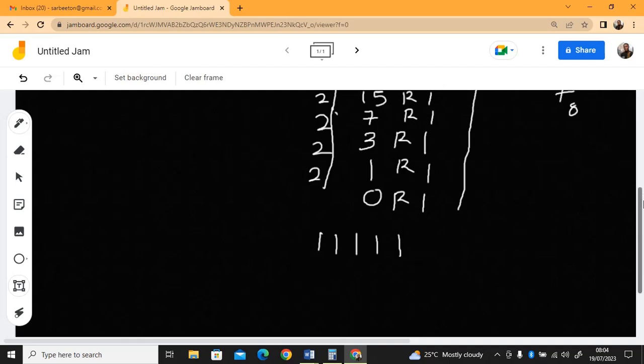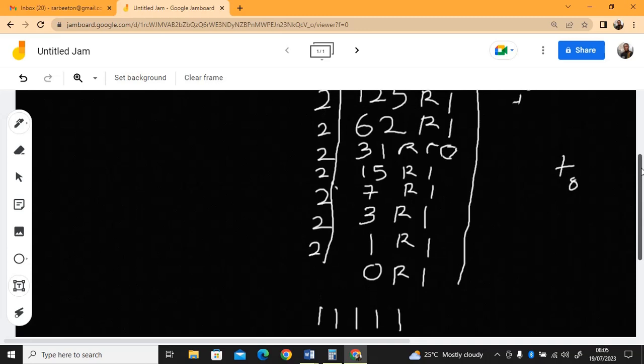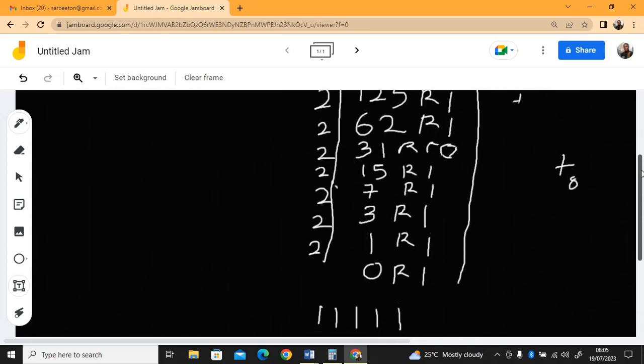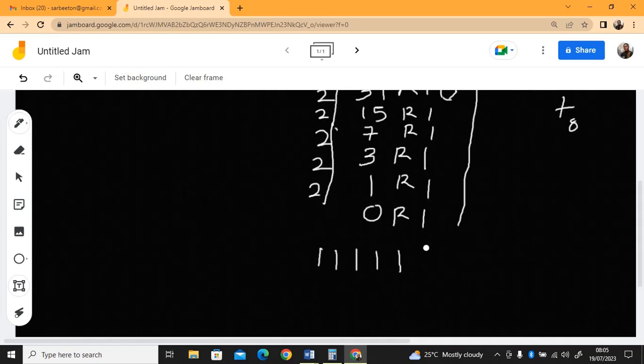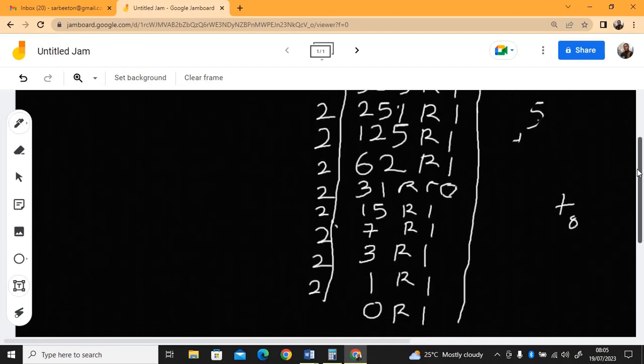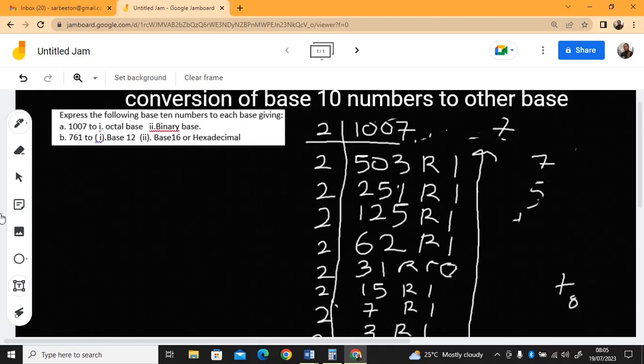Then you have 0, 1, 1, and 0. So it's going to be 1111101111 in base 2. So this is your final answer. You can scroll it up, scroll it down. You can copy this, or you do it on your own, then you get it. That is that for that one.